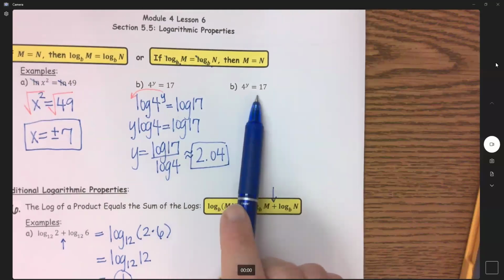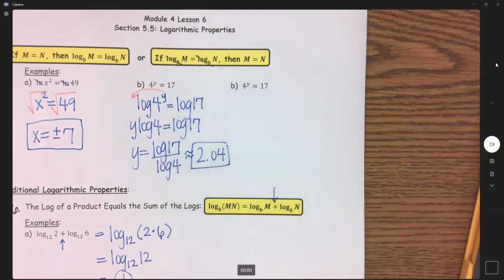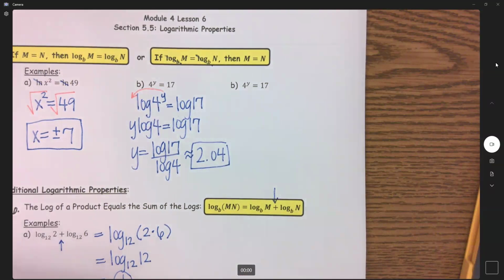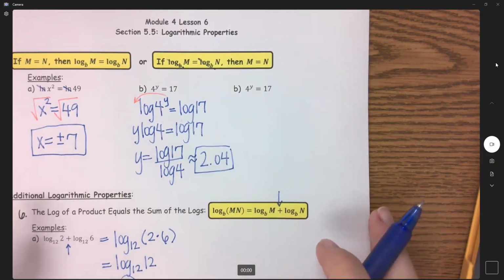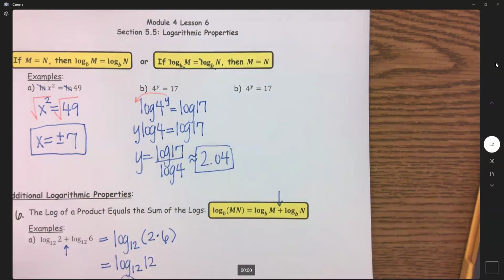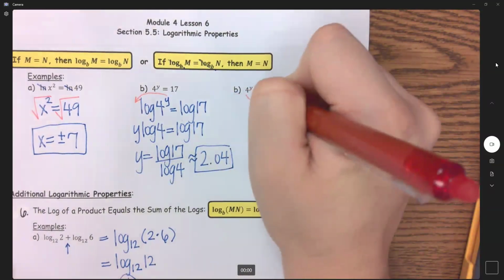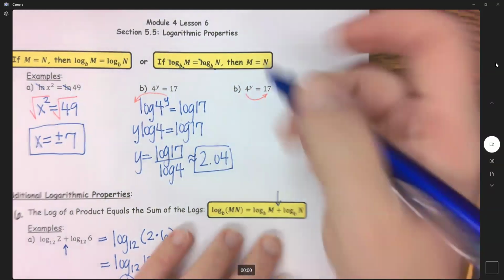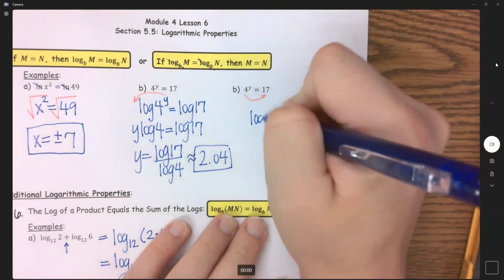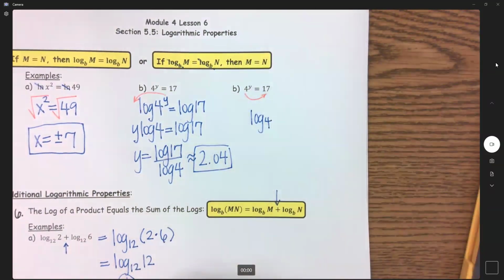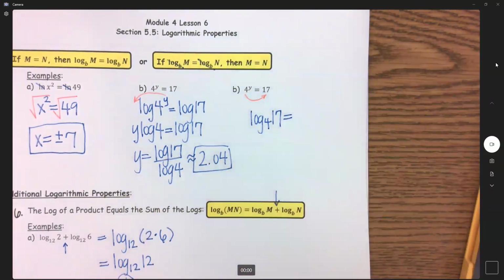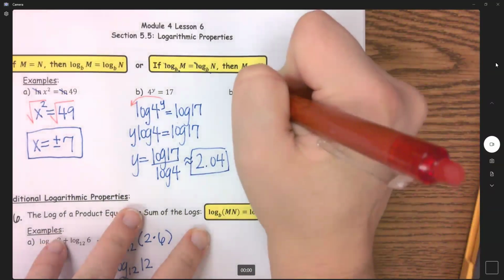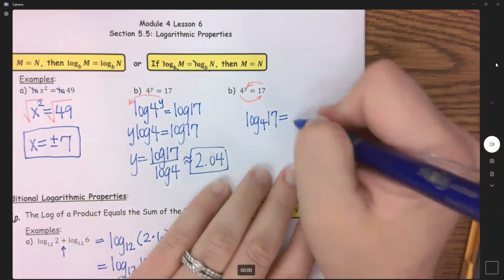Another way that we could solve this is just simply to rewrite it. If I rewrite this as a log, we go base to the other side of the equals, which would give me log base 4 of 17. And that will equal my exponent here of y.